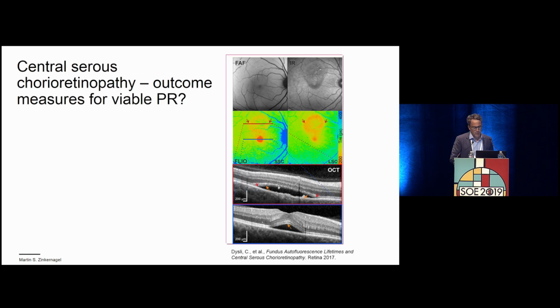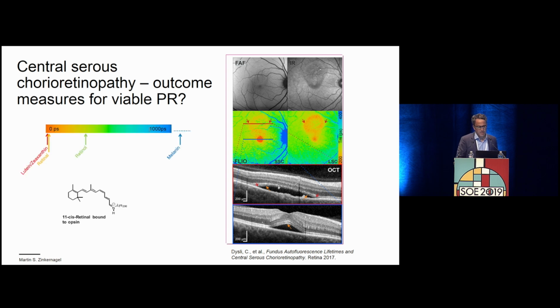Now, when you look at this a little bit closer, you can see that these very short lifetimes derive from areas with elongated outer photoreceptor segments.